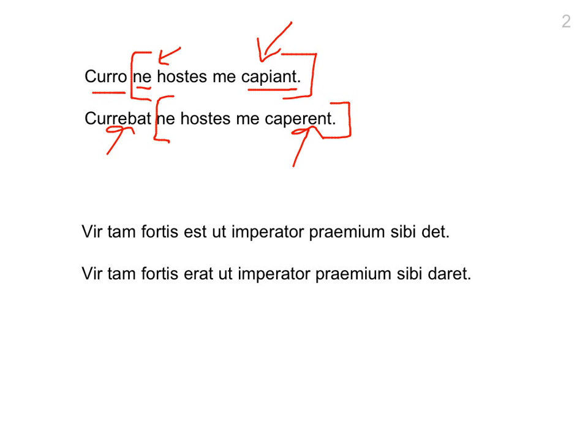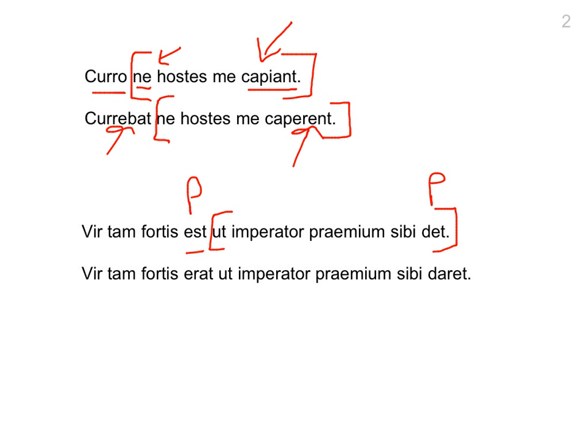Let's take a look at the second set of sentences. So here's our subject, our verb est, and then we have an ut. We can bracket that to the verb. Notice est is present tense, and det is also present tense. So present tense main verb, present tense subjunctive. Det comes from the word do, dare, to give.